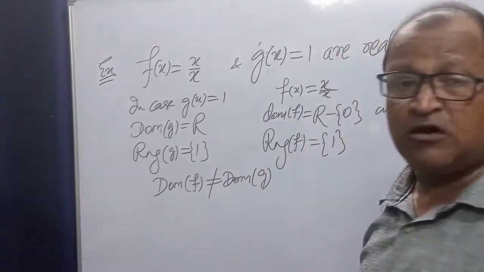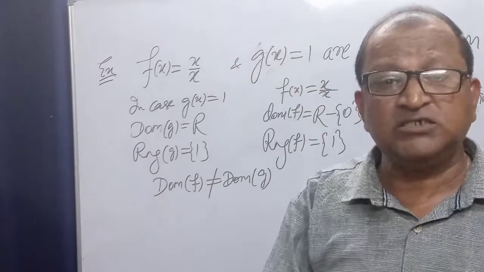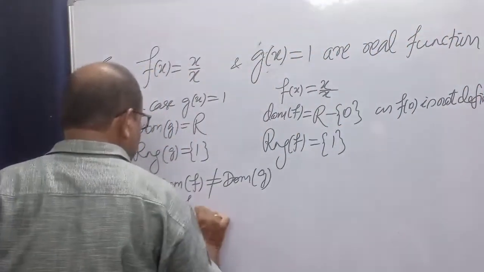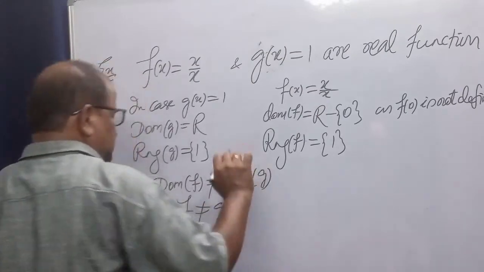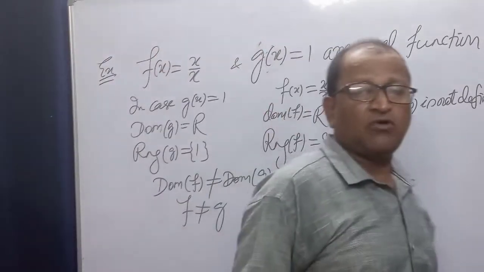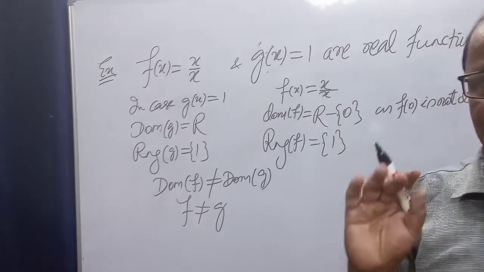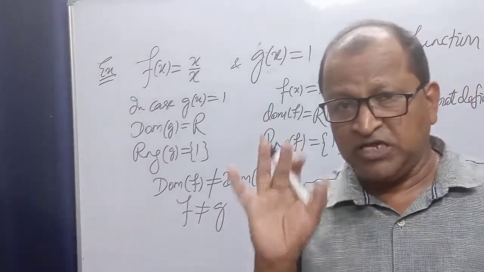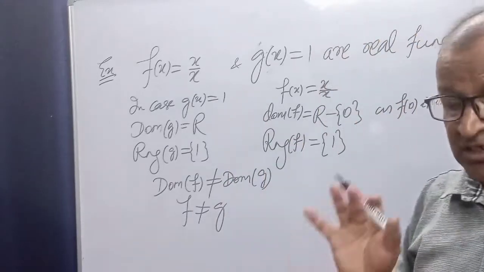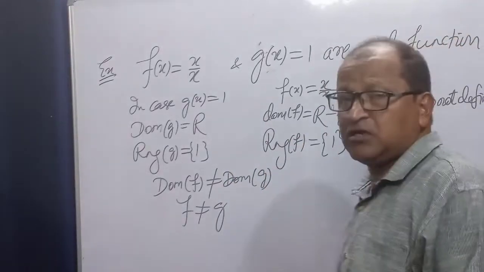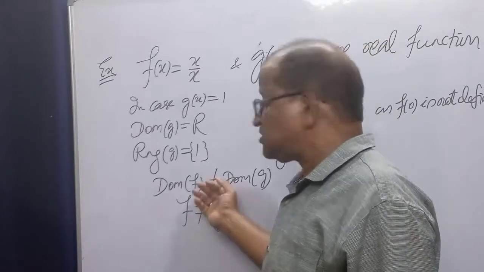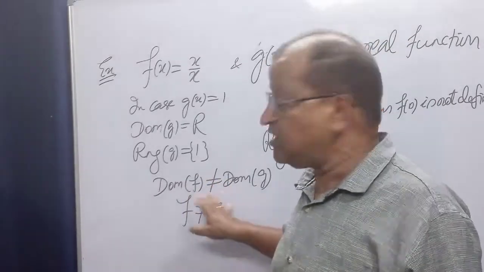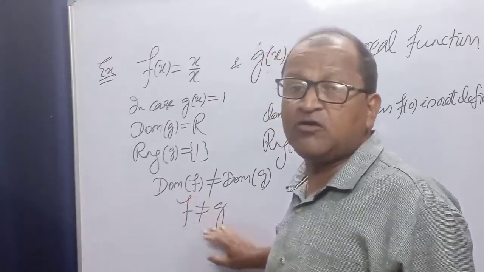So their domains are not equal. First condition is not satisfied. So f is not equal to g. When we test equality, we should be careful. We should test all these three conditions. The first condition is not satisfied, so they are not equal.